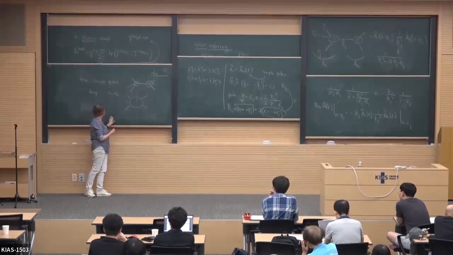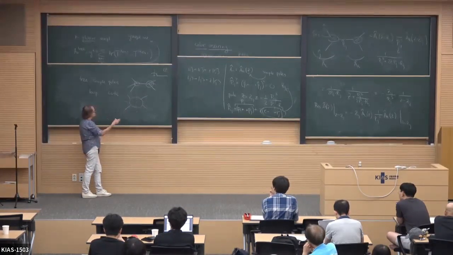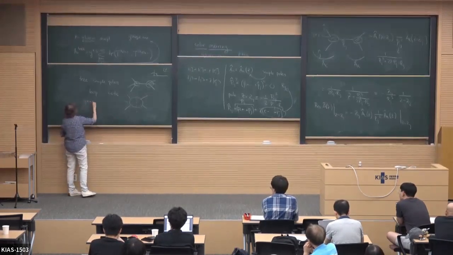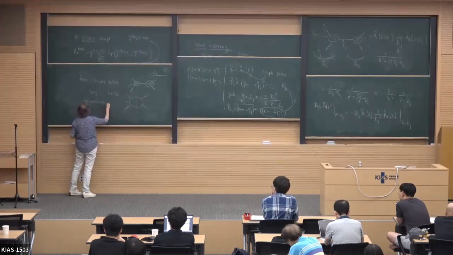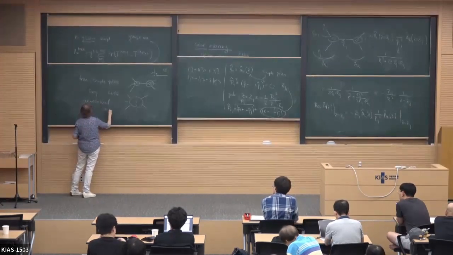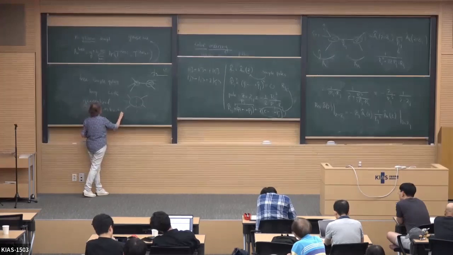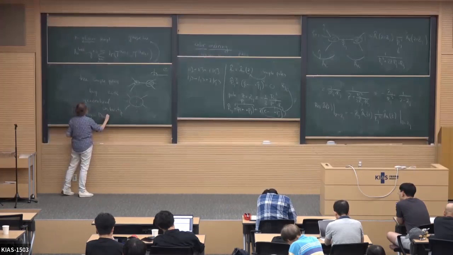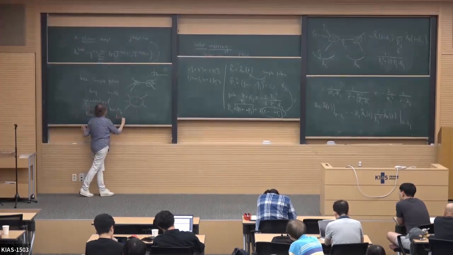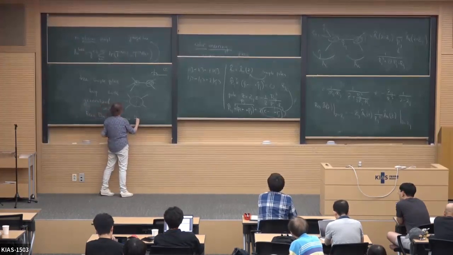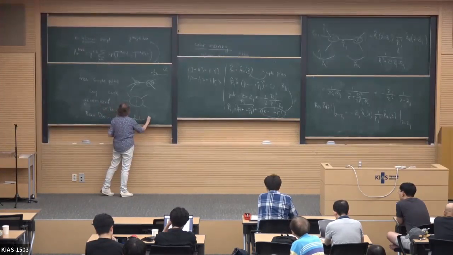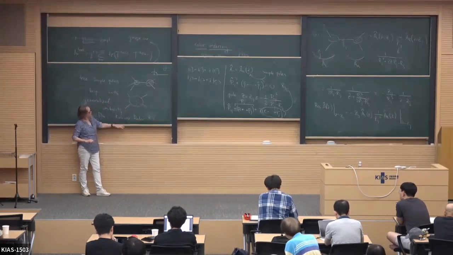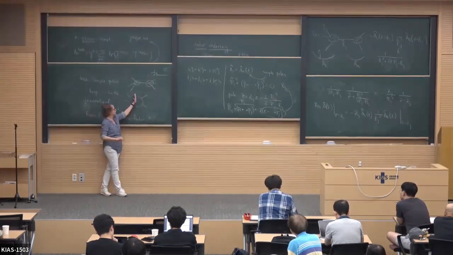Now, people actually took this a few steps further and introduced something called generalized unitarity. Again, this goes back to work by Bern, Dixon, Kosower, Dunbar, I think, in the 90s. So what these guys said is, why stop at this kind of cut?